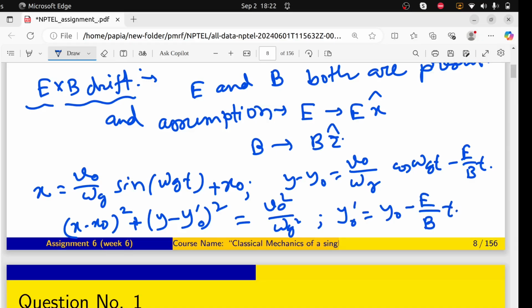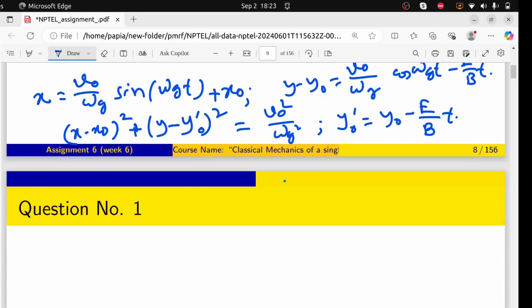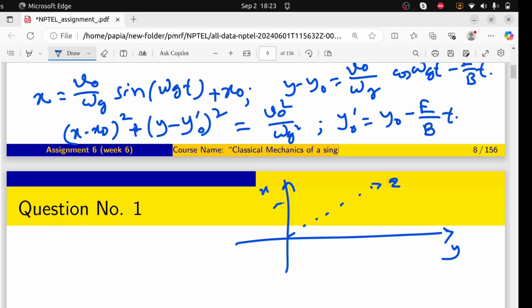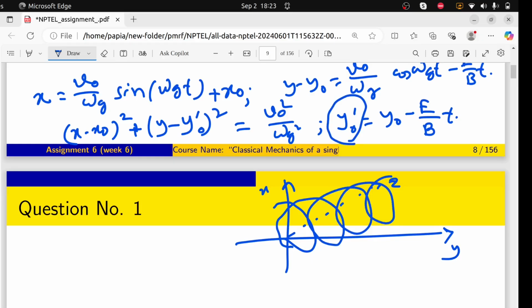So now you can see this is one solution where our center is, let's say, here. This is z, this is y, this is x. So the center is also going to change over time, because the guiding center is a function of t. Okay, so this is going to change.